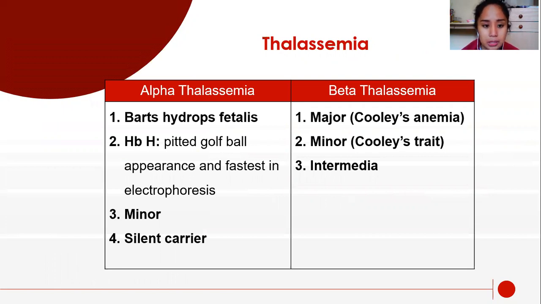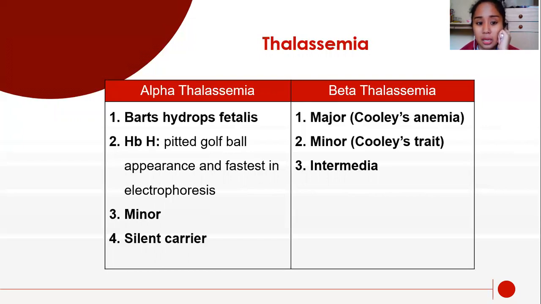So alpha thalassemia, we have four. We have Bart's hydrops fetalis. Just the name sounds scary for children. Bart's hydrops fetalis is an alpha thalassemia which will result in the baby being stillborn. It won't survive outside the womb.